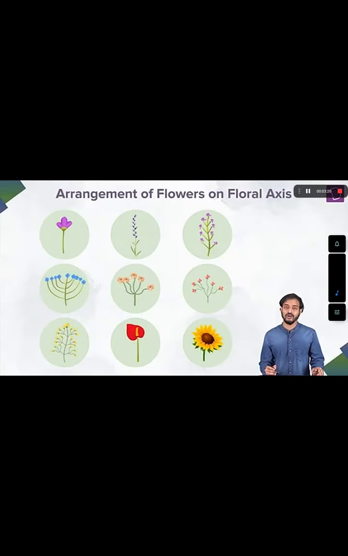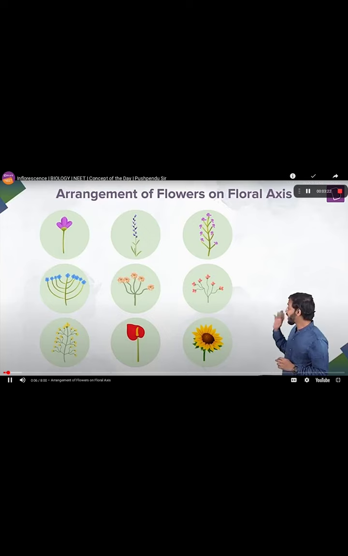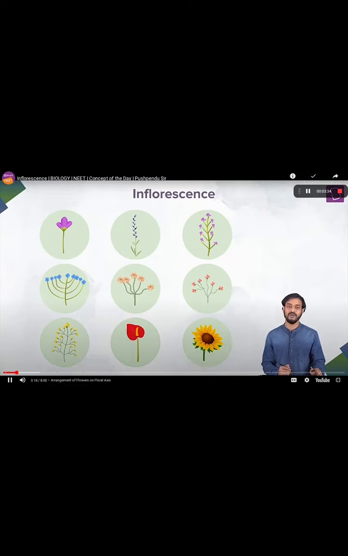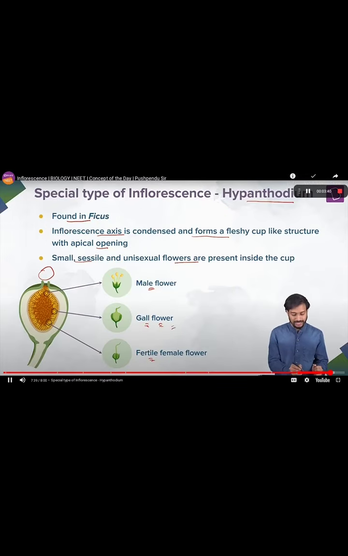See the arrangement of flowers on the floral axis. Many different types of arrangement of flowers are possible, different forms of arrangement. This arrangement of flowers on the floral axis is termed inflorescence. Example is Ficus.